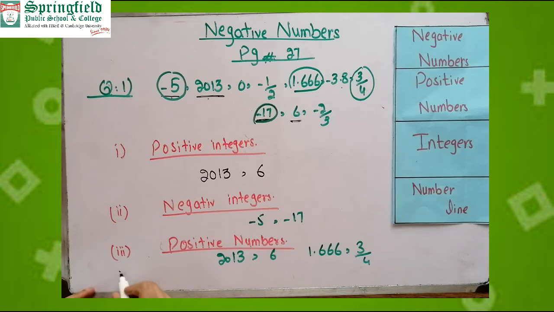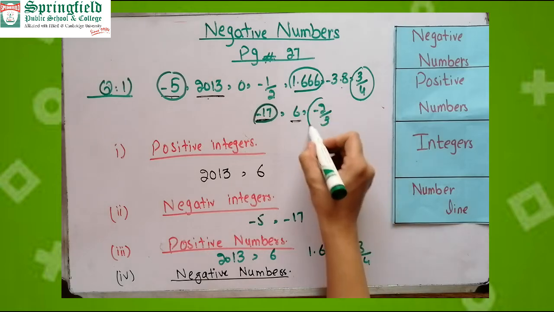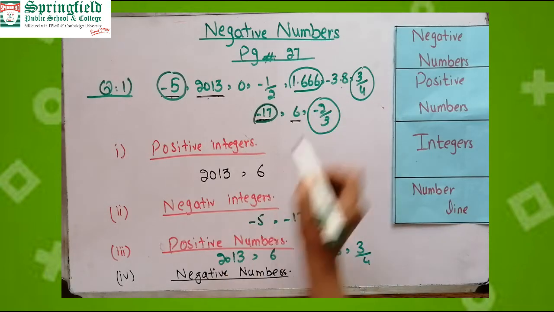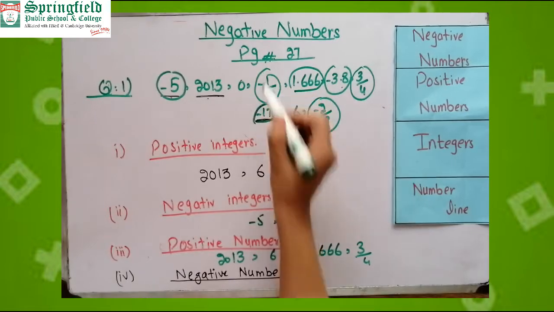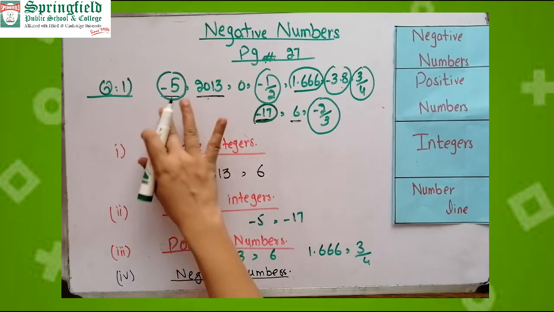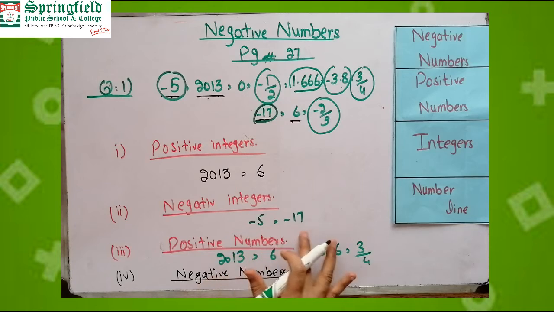Now the fourth one is negative numbers. Okay, negative numbers. Which numbers are called the negative numbers? This is a negative number. Minus 3.8 is a negative number. Minus 1 by 2 is a negative number. And minus 5 and minus 17, meaning negative integers, are also called negative numbers.